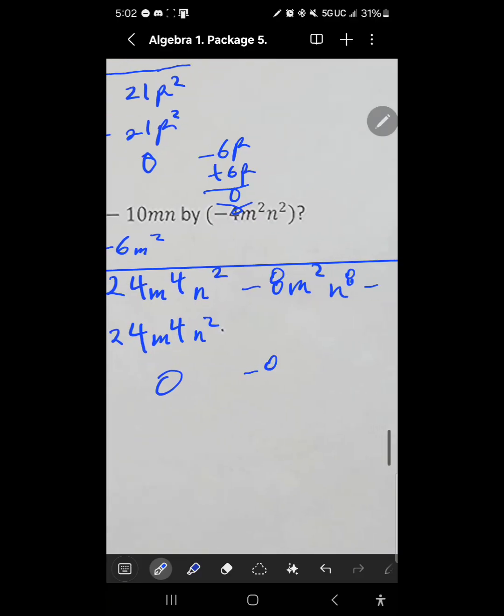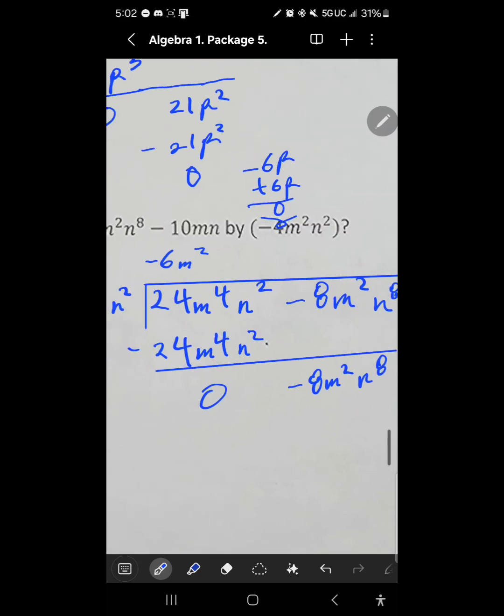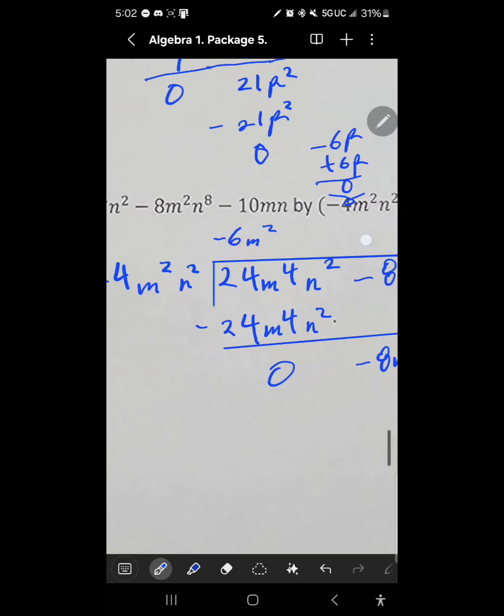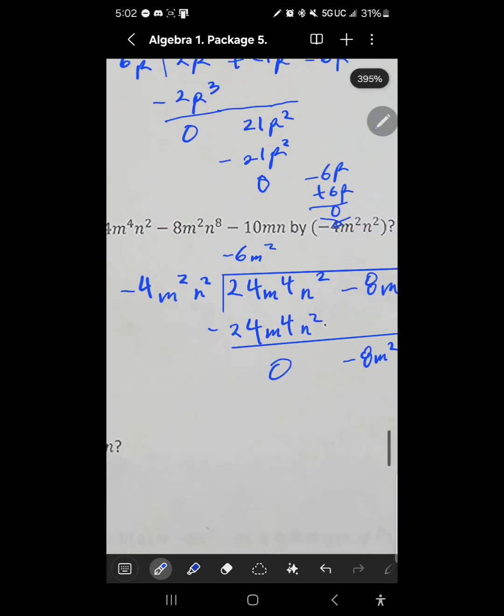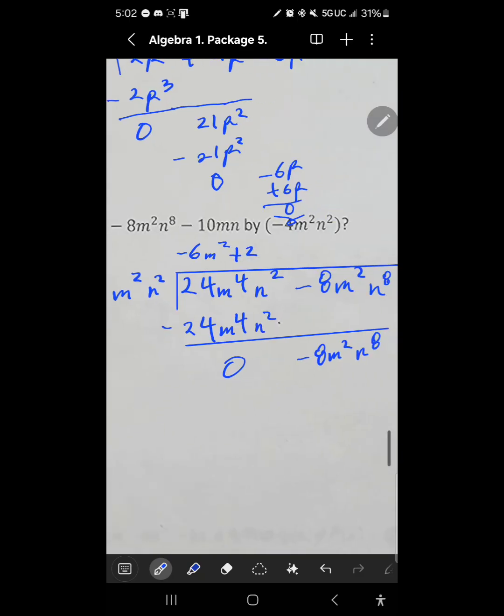Here we take the negative m squared and 8. Now negative 8 divided by negative 4 is 2, positive 2. M squared by n squared is just 1, so it doesn't matter.